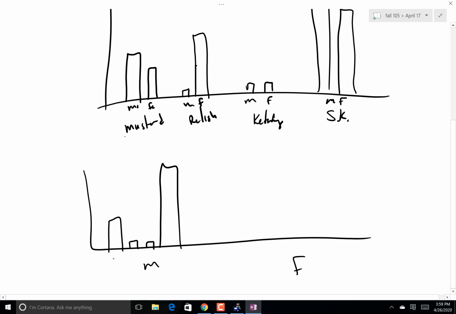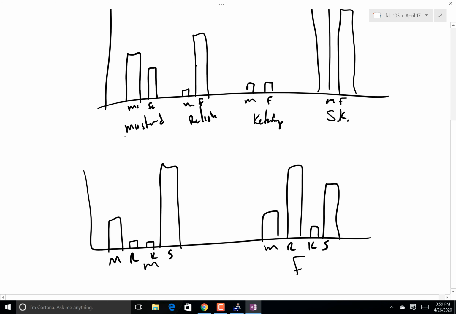And then, of course, it would be mustard, relish, ketchup, sauerkraut for the women. Side-by-side bar chart, we want to keep track. Maybe you want to see how the freshmen, sophomores, juniors, seniors are doing in the different math classes. And that's a pretty good way to do it.